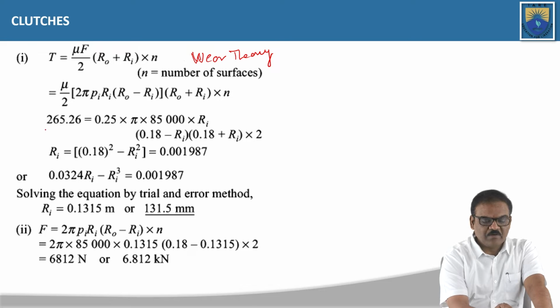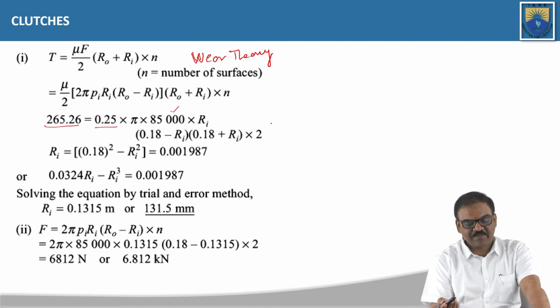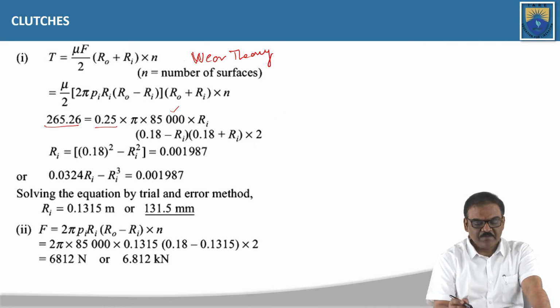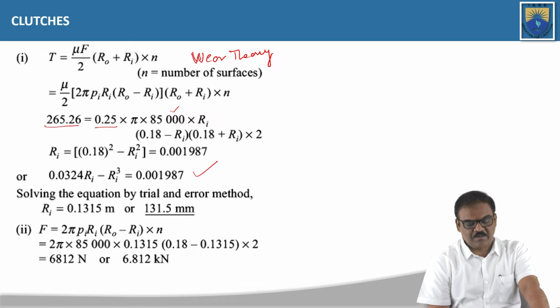Therefore, we have the torque, and this is 0.25 into pi into the pressure value 85,000 into Ri, and R outer is 0.18 meters minus R internal, R outer 0.18 into R internal, where 2 and 2 get cancelled. Okay, therefore, an equation has been obtained in Ri, R internal.